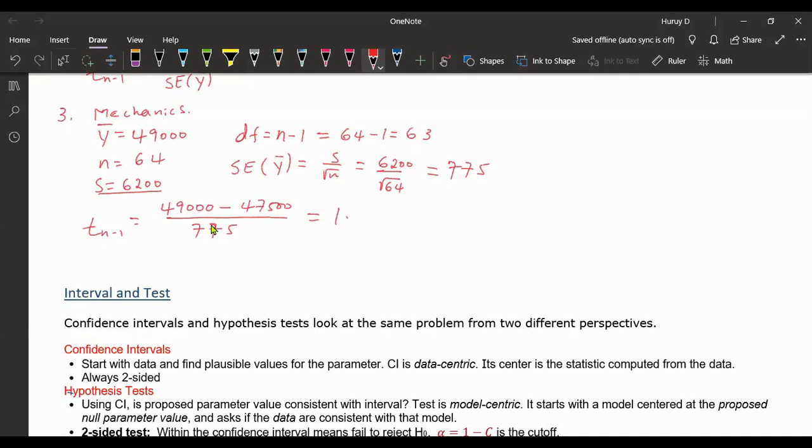I got 1.94 when rounded to two decimal places. All right, so what next? Now I have this.